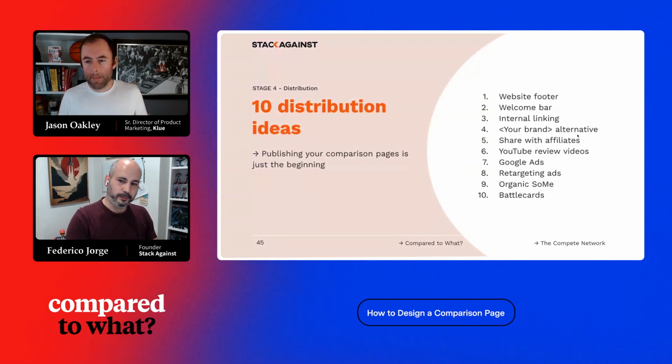You build what we call a comparison hub. A comparison hub is similar to your comparison pages. The structure could be similar, but instead of being a comparison between you and a specific competitor, you're trying to tell on that page, at a glance, how you compare against all these different alternatives in the space.